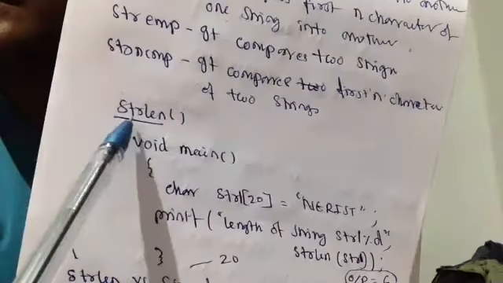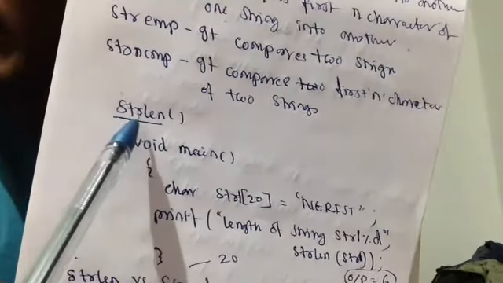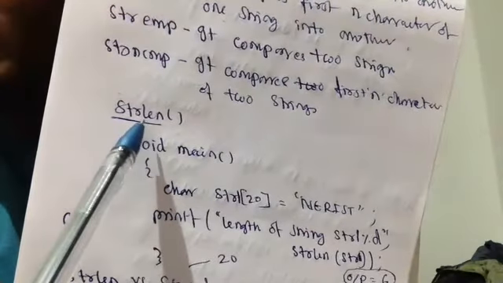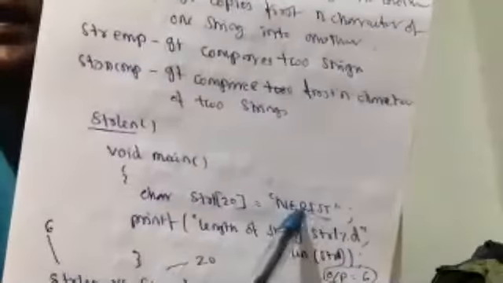Number is a string or what? This is not a string. It returns some number, that is an integer, not float. Number means 1, 2, 3, 4, 5, 6. So the total number of characters is 6. So that's why I'm putting %d over here.